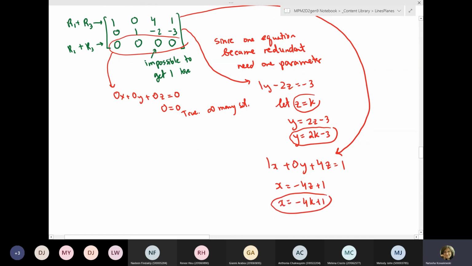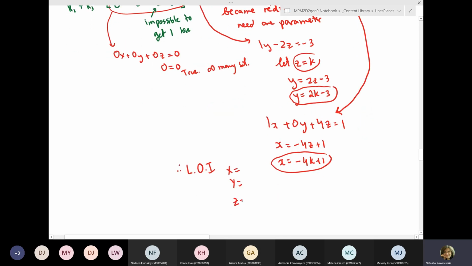I'll circle that. So that's my parametric form. So therefore, line of intersection. We've done this before. I'll just put them side by side. X would be -4k plus 1. Y is 2k minus 3. And z is just k, or vector form.